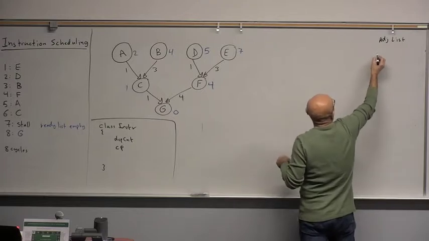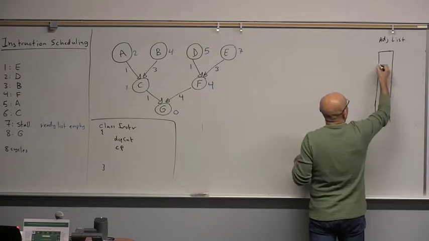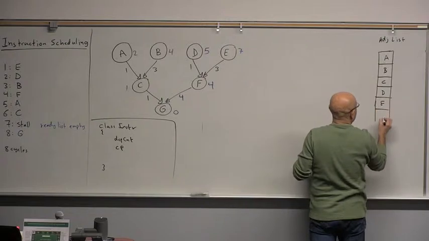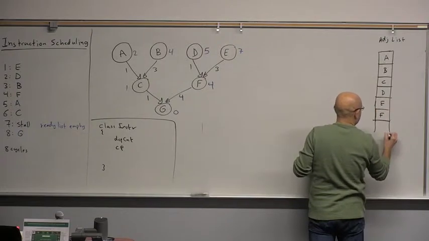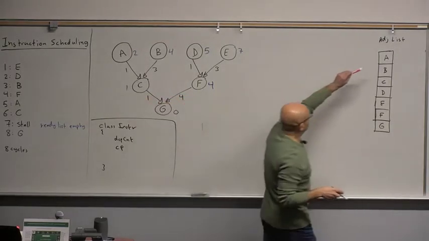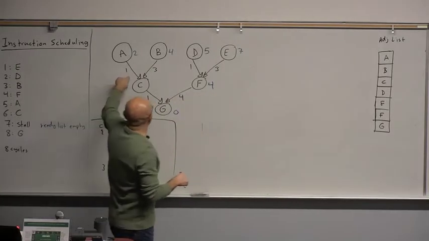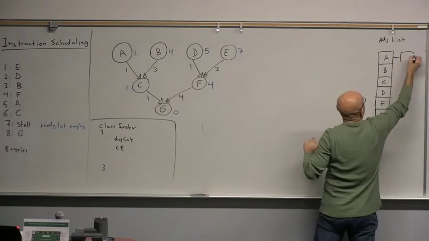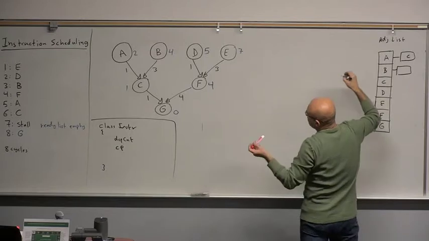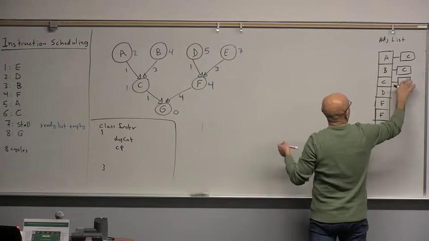So the adjacency list is going to have here an array of nodes A, B, C, D, E, F, G. And what will we have for each node here? We will have the list of neighbors. So for A, it's going to be C. For B, the neighbors or the dependents in this context are C. For C, what do we have here?